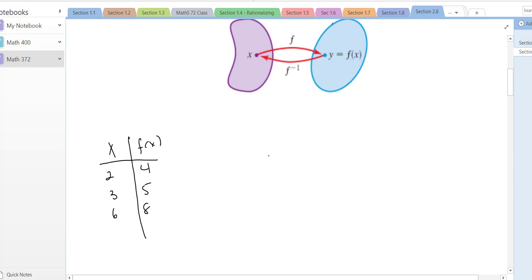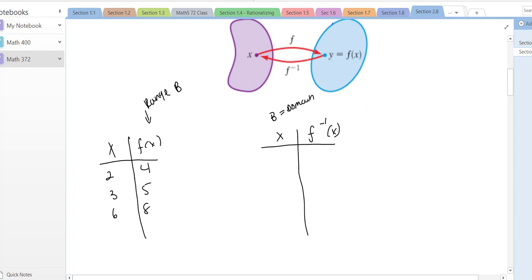But what is f inverse going to do? What was my range, B, now becomes the domain in f inverse.